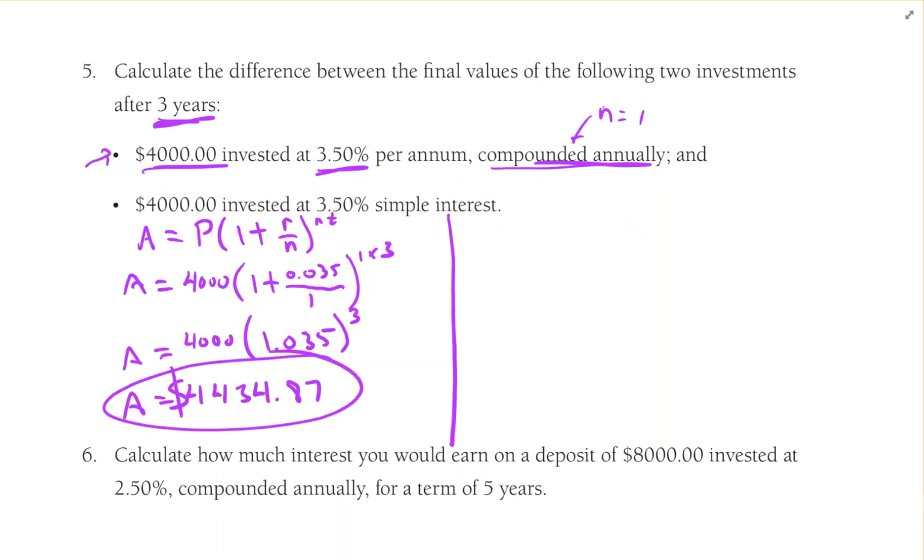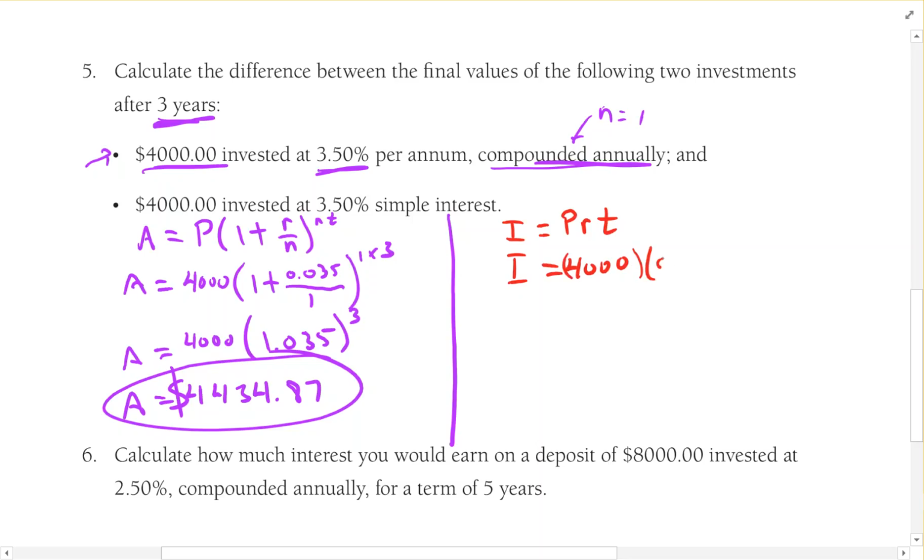Now simple interest. A simple interest formula was I is equal to PRT. So we've got to figure out the interest and then add it to the principal in the end with this one, right? So interest is going to be equal to 4,000 times an interest rate of 0.035 times a time of 3 years. So that's going to be $420.